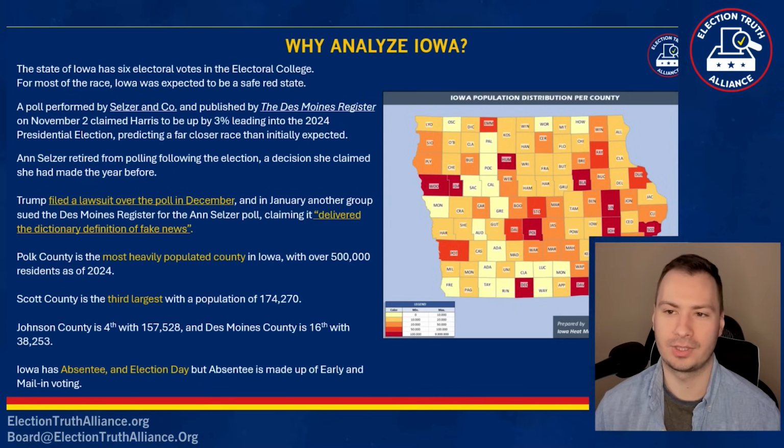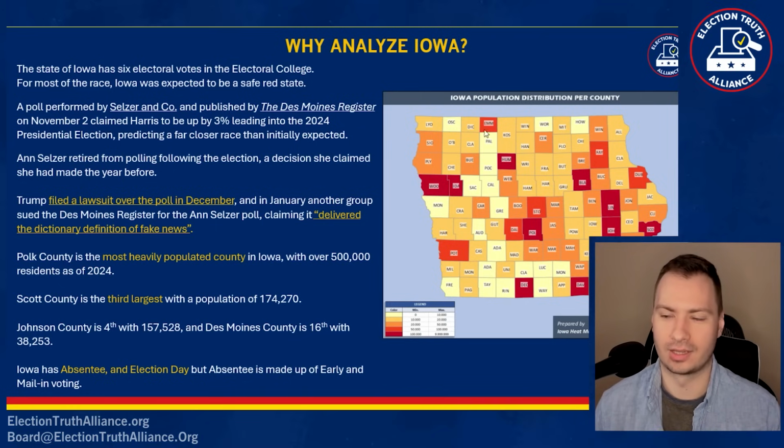Leading up to the election, she had claimed somewhere around a 3% lead for Harris. I believe her split was that maybe 3 to 4 of the 7 swing states could go either way. And she actually retired after the election, a decision she claims she made the year before.